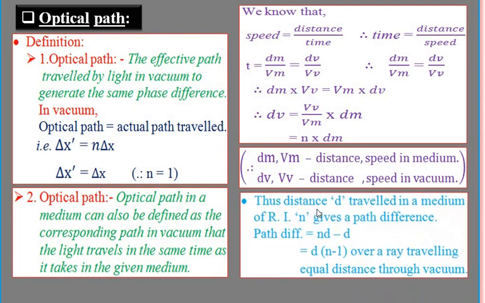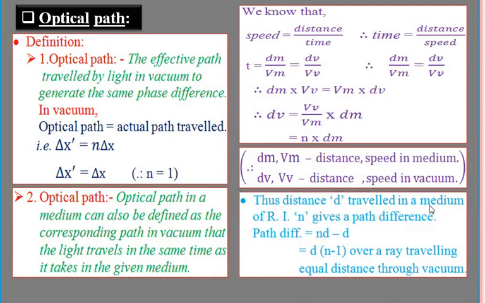Thus, the distance d travelled in a medium of refractive index n gives the path difference. That is, path difference = nd − d = d(n − 1) over a ray travelling an equal distance through the vacuum. This equation we have seen.